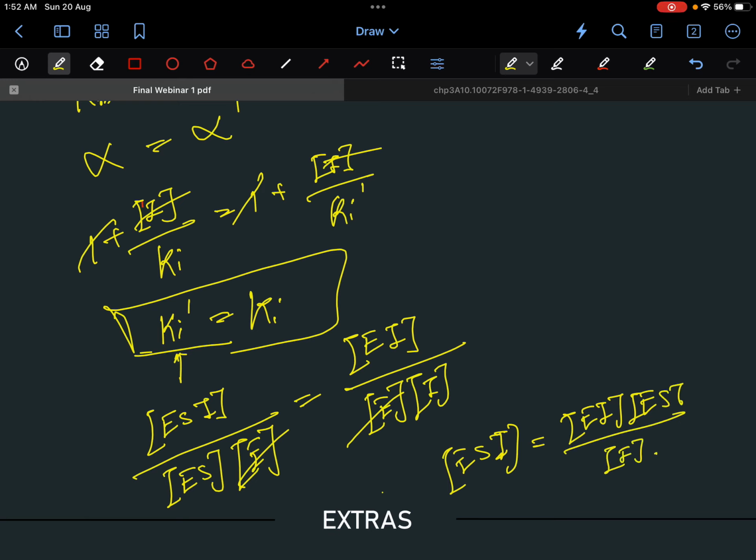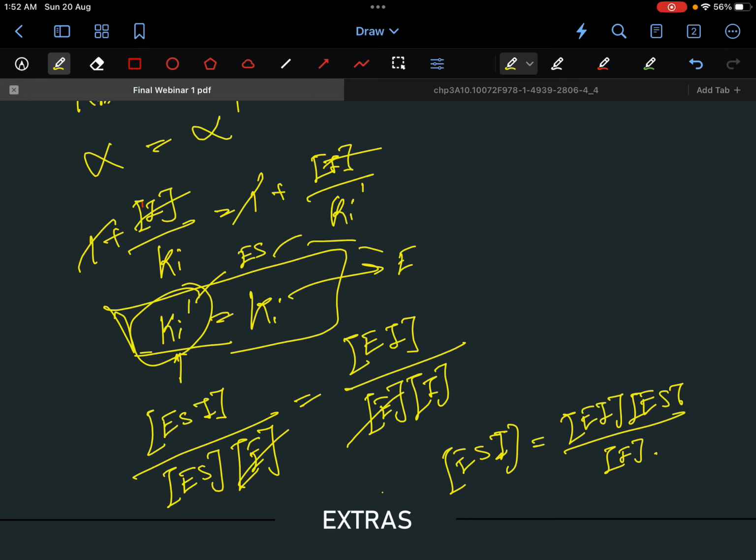So what does it depict? It depicts that whenever the association or dissociation constant of inhibitor with the enzyme or the enzyme substrate complex... What does this Ki dash represent? It represents the dissociation constant of inhibitor with enzyme substrate, and Ki represents the dissociation constant of inhibitor with enzyme.